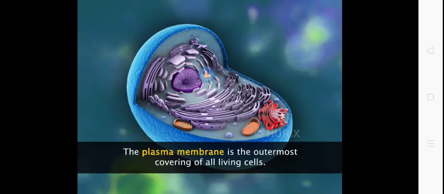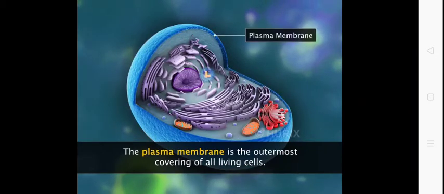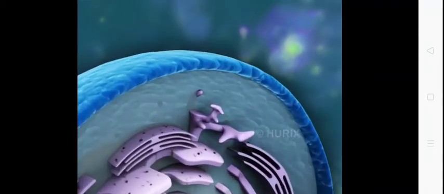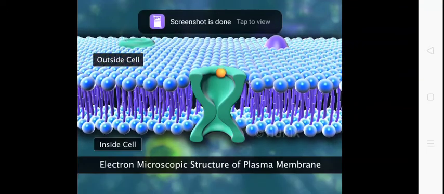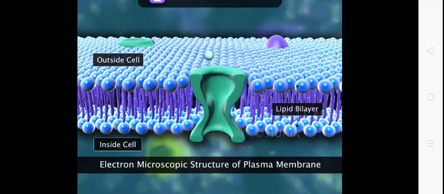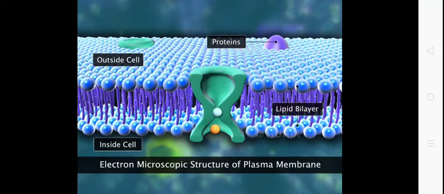All living cells are bounded by a living membrane called the plasma membrane or the cell membrane. Electron microscopic studies have revealed that the plasma membrane is a flexible bilayer structure made up of lipids with protein molecules between them.